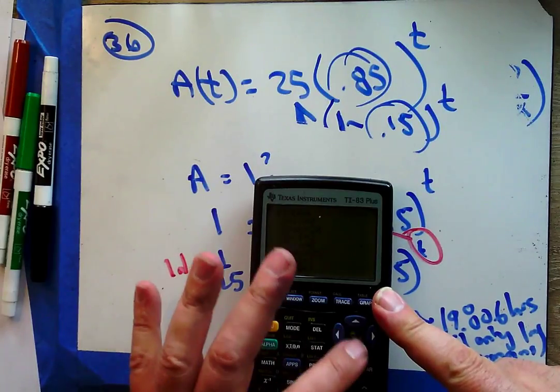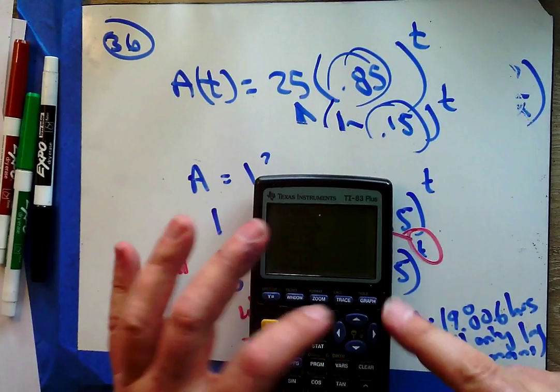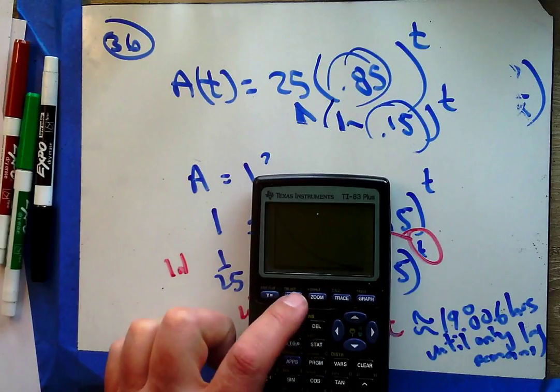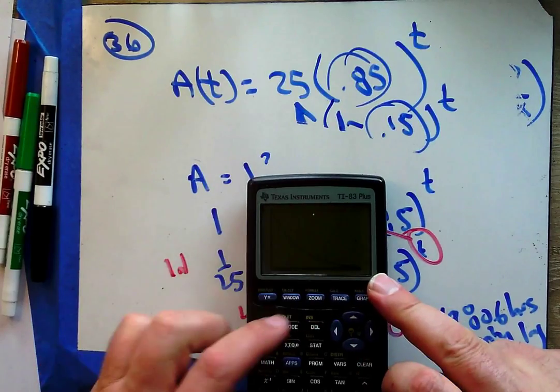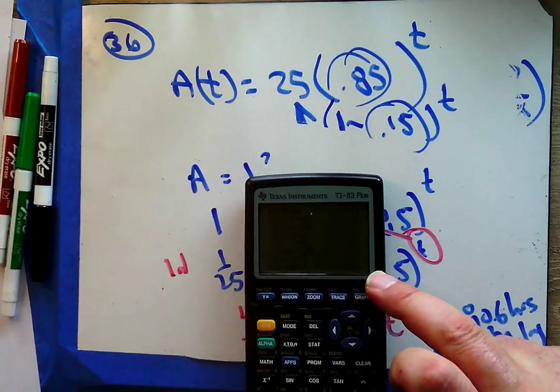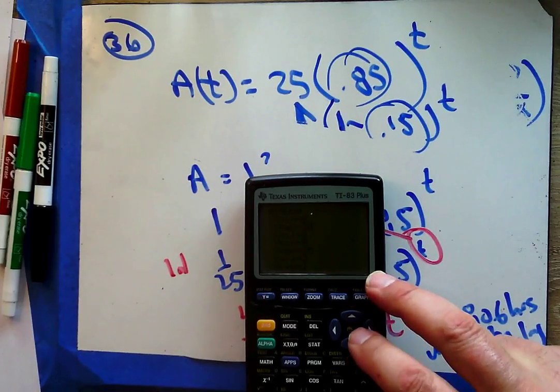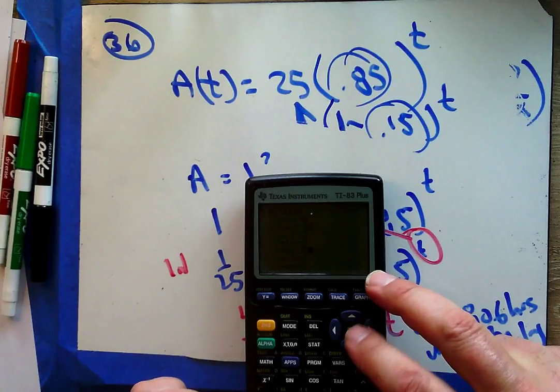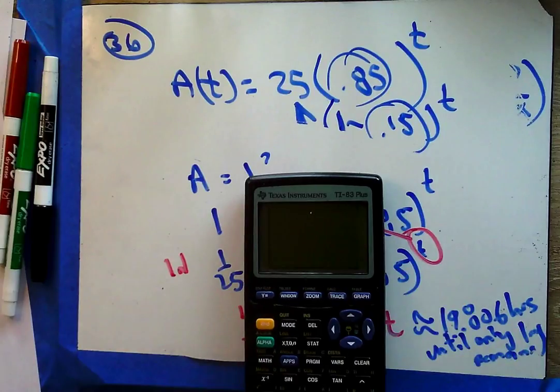My max is 25 in the body in steps of 2. Oh, so close. I need to make my x's go further over, and I probably don't need all this y. So let's go out to 30 in steps of 3, and let's change the y's to 5 in steps of 1.